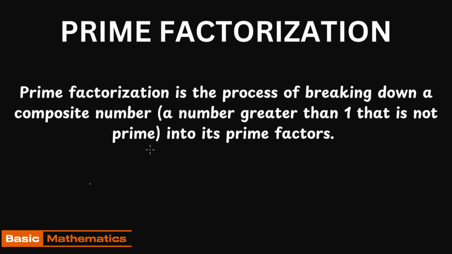Now let's look into prime factorization. What is prime factorization? Prime factorization is the process of breaking down a composite number, that is, a number greater than 1 that is not prime, into its prime factors.